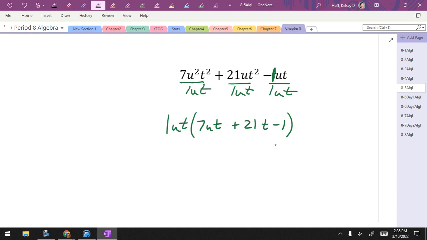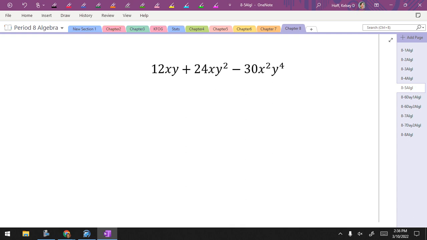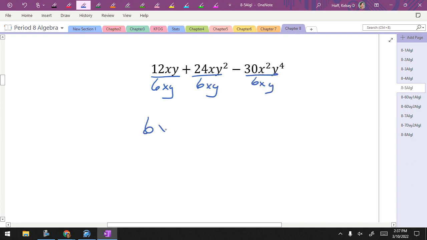Go one more. Straight down that side. 6xy.